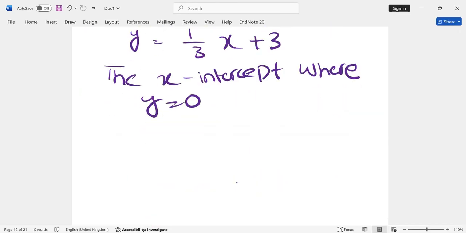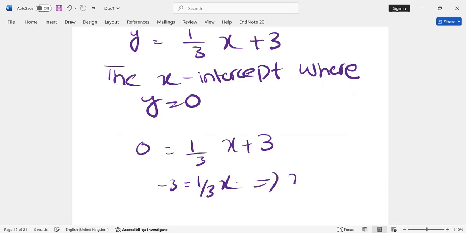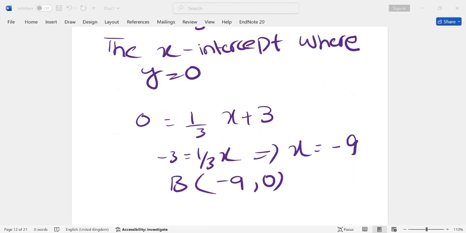In this equation, we get 0 equals 1 by 3x plus 3, so minus 3 equals 1 by 3x, and x equals minus 9. So for the point B we have minus 9 and 0. That is the required answer in question number 3.2.